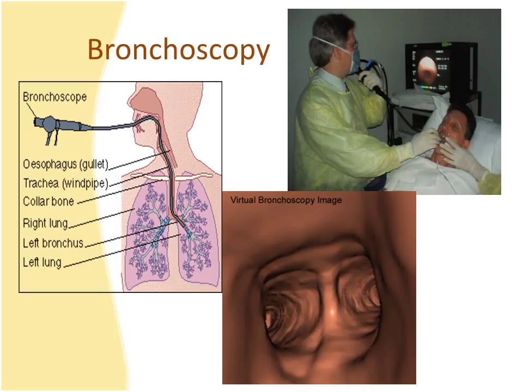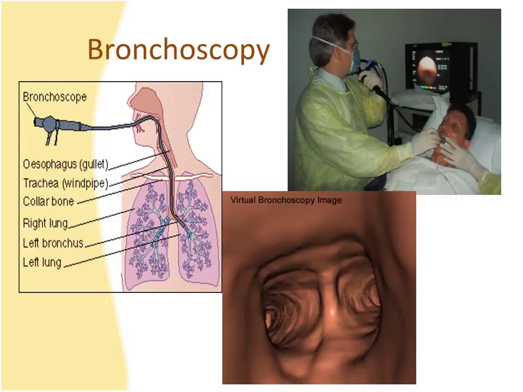Bronchoscopy is done by way of a fiber optic endoscope that's both rigid and flexible. So there's a portion of it that is rigid and a portion that is flexible. It allows for direct inspection and examination of the upper portion of the lower airway.